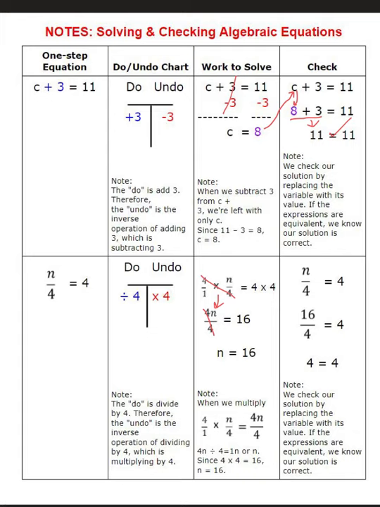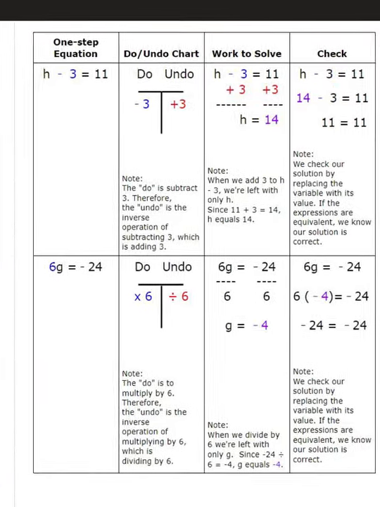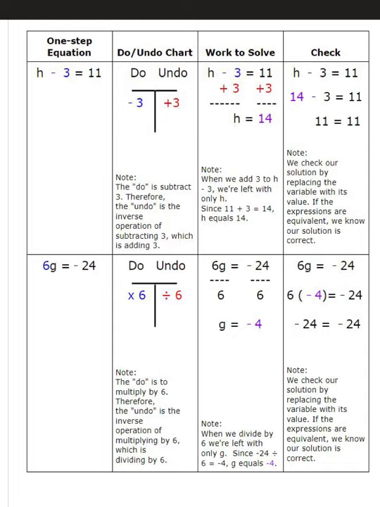So again, when you check your answer, you substitute the value you got for the n into the n, which gives you 16 divided by 4, and 16 divided by 4 equals 4. So that checks out.